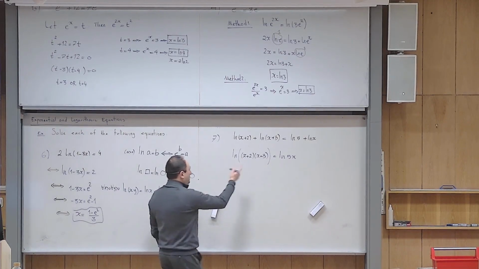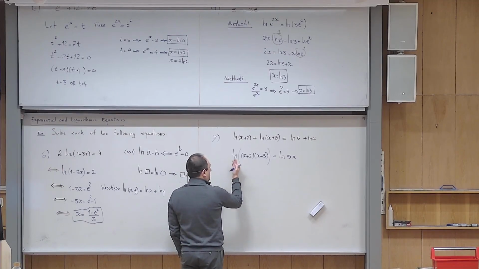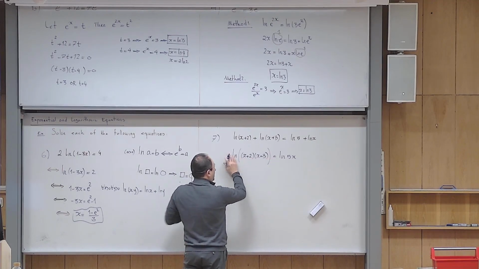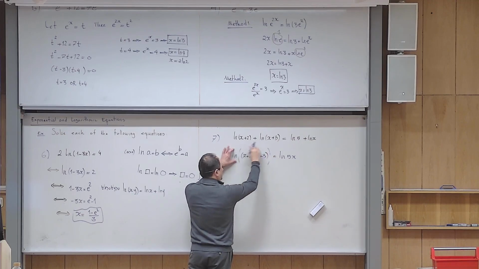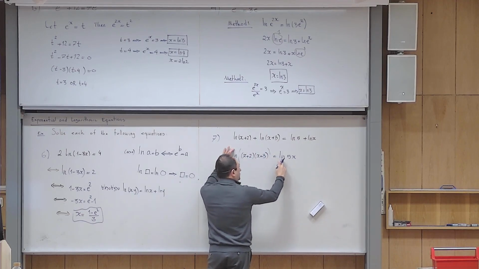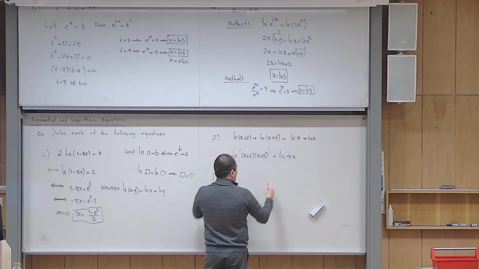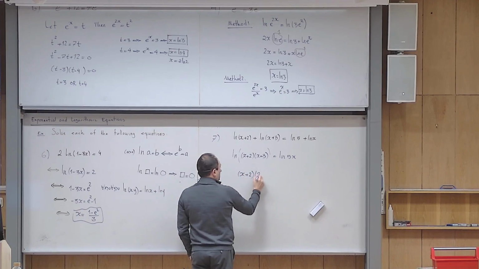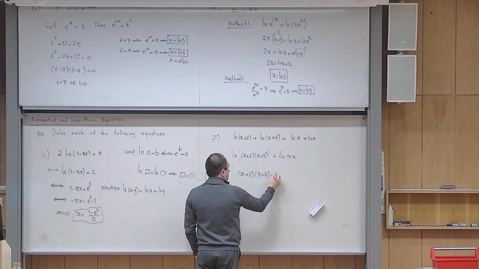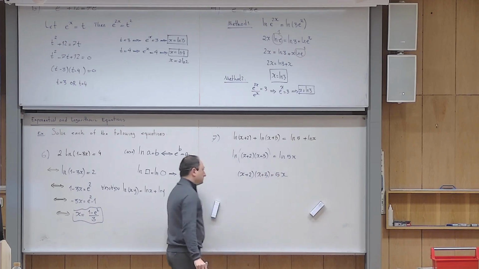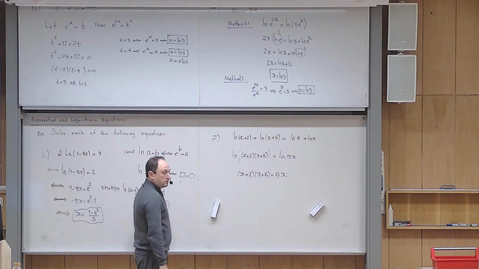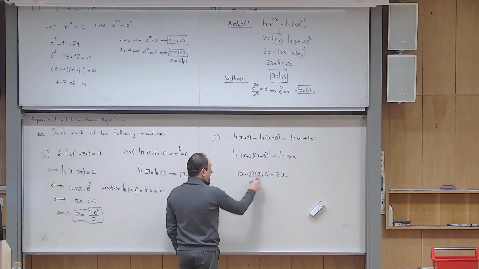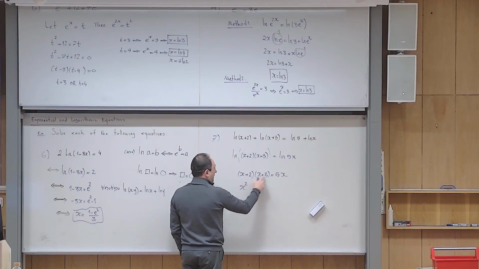So for example, let us go one more step. Can I say that ln of a number is equal to ln of another number? If this is true, then what can I conclude? That this number is also equal to that number. And then x squared, I add them, it becomes 5x plus 6.